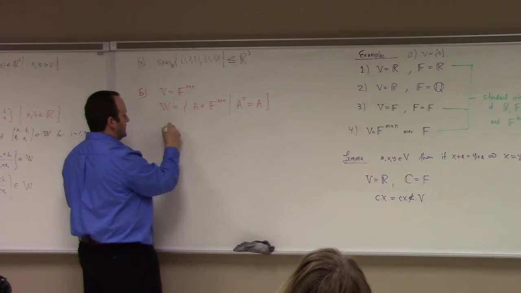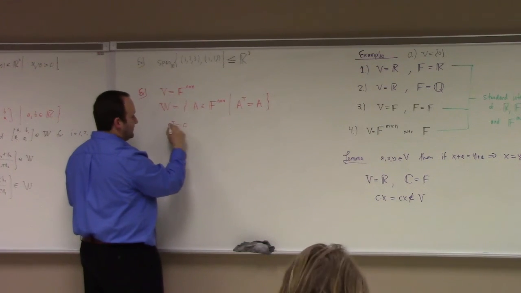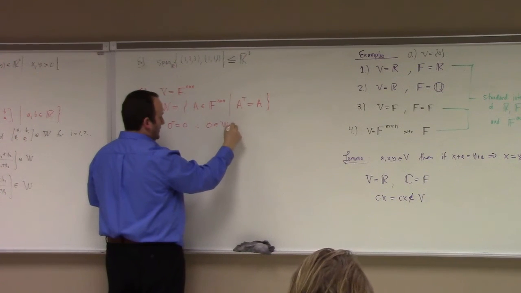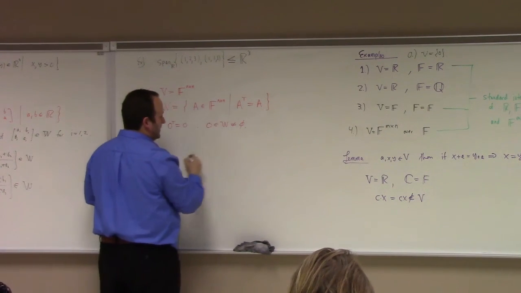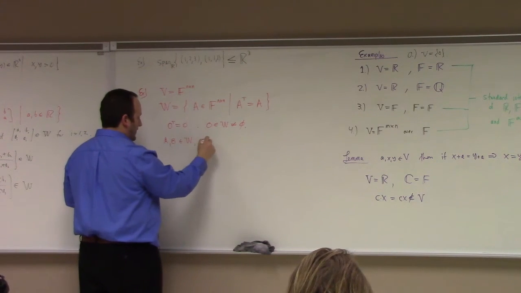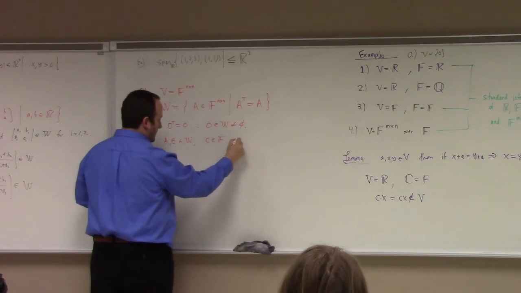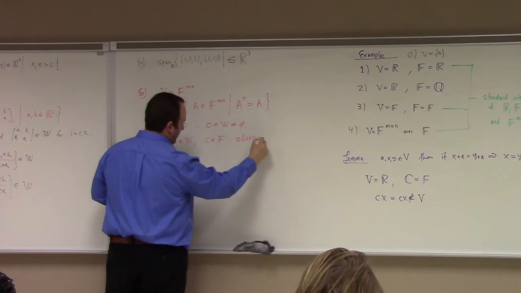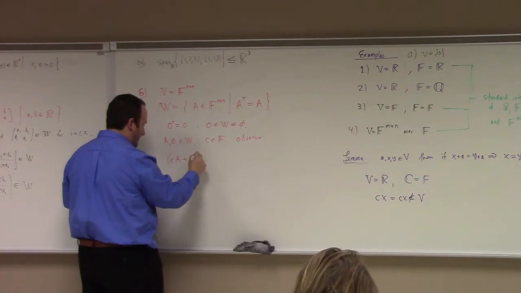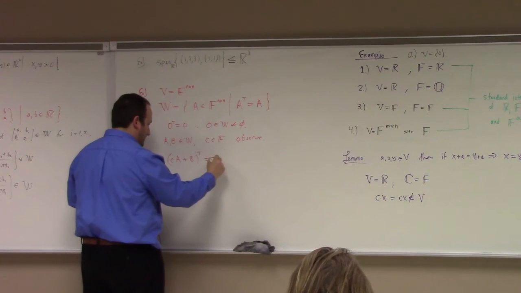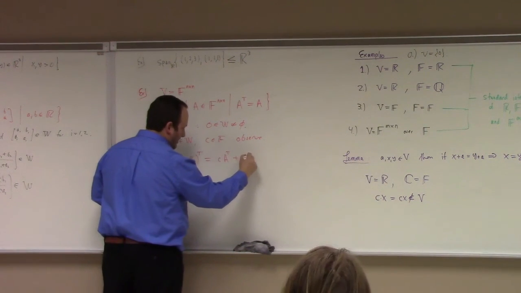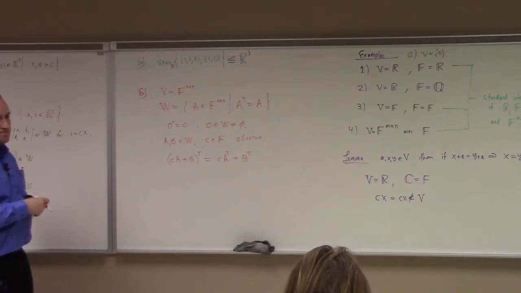So let's see here. So first of all, 0 transpose is equal to 0, right? So therefore, 0 is an element of W. So W is not empty. And if I let A and B be an element of W, and if I let C be a scalar, observe, if I have (CA plus B) transpose, what do I get? By properties of transpose, right?